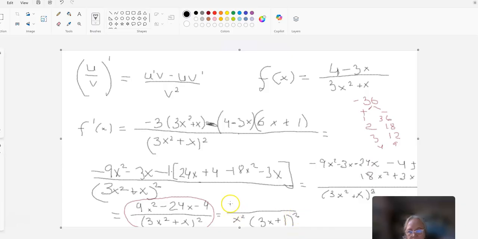And the numerator we have to rewrite as it was. So that is the derivative of the quotient. If you have any questions, let me know. Thank you for your time.